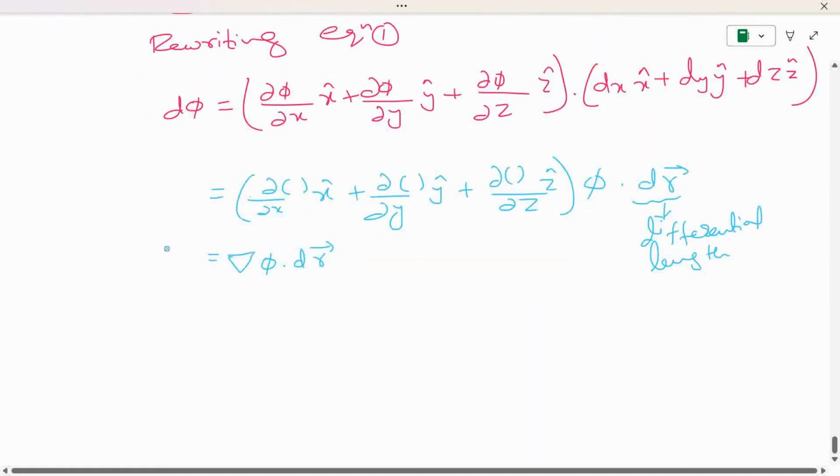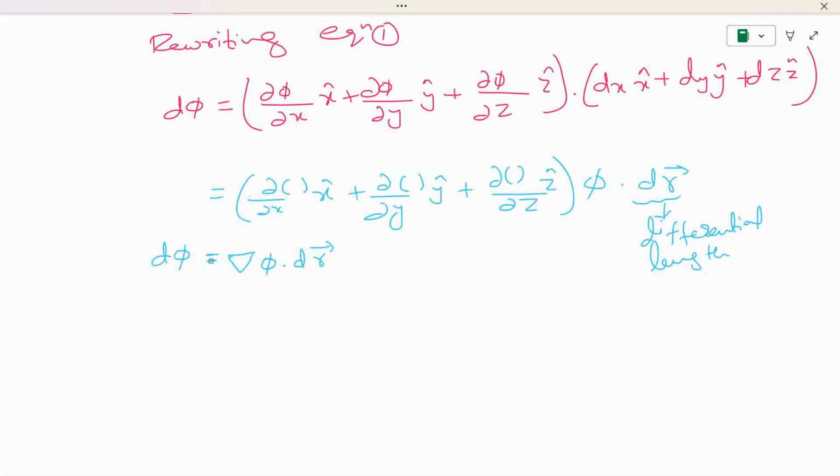We have here d phi. So this is the change.